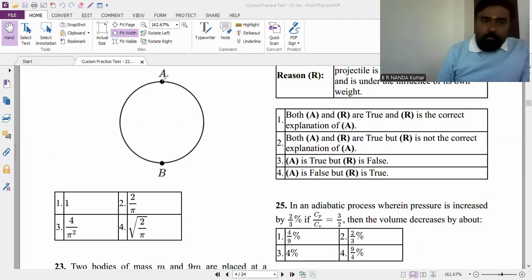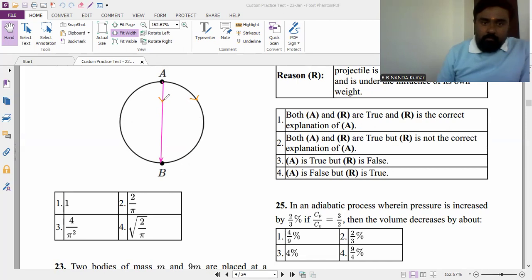Here, in the first case the particle is dropped. In the second case the particle is moving along the circular path. So the initial and final locations in both cases are the same.